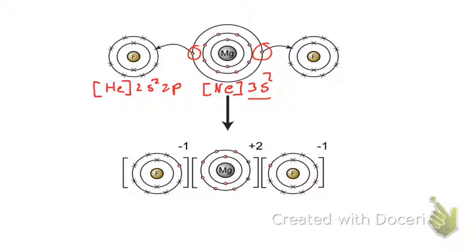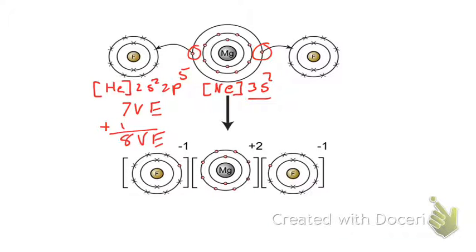Basically, if you look at this, fluorine has 7 valence electrons in its outer shell. And so fluorine only needs 1 more electron to get itself to 8 valence electrons.